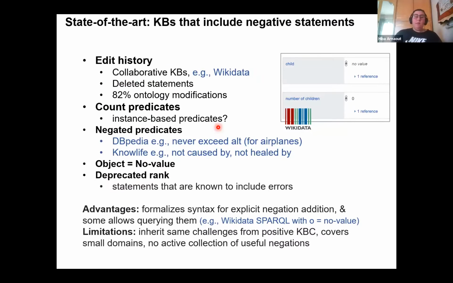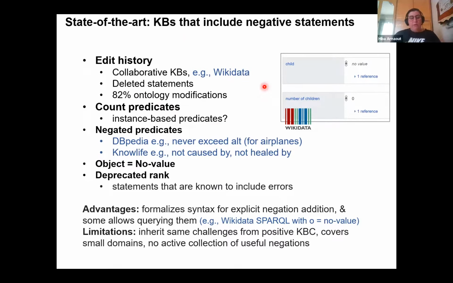Now, even with what I said, that existing knowledge bases are mainly positive, we have some knowledge bases that are currently either allowing the addition of negation in some shape or form, or allowing the retrieval of some negation. And one good source for retrieving negation is collaborative knowledge bases.